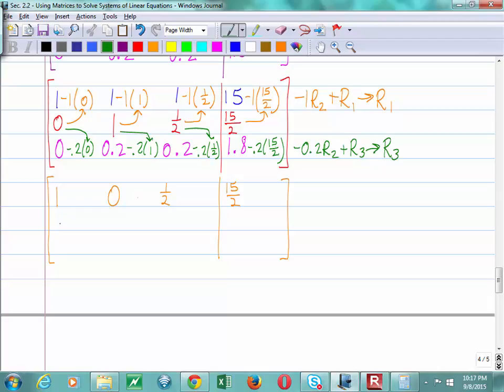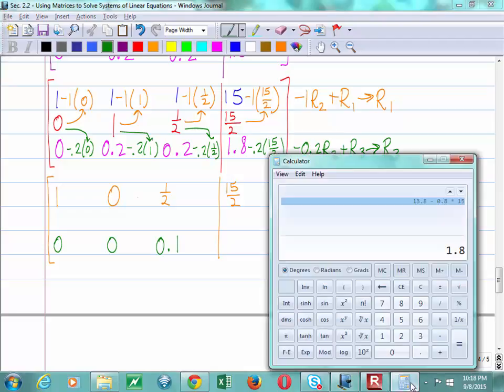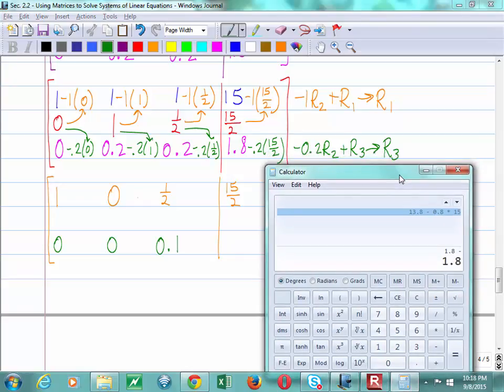Okay, so that's going to be 0, and that's going to be 0, and let's see, this is going to be 0.1, and 15 over 2 would be the same thing as 7.5, so I've got 1.8 minus 0.2 times 7.5 equals 0.3.